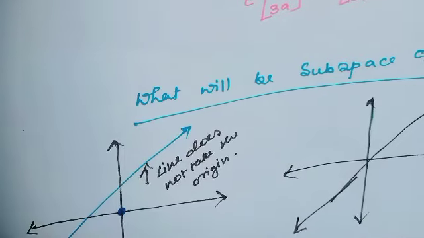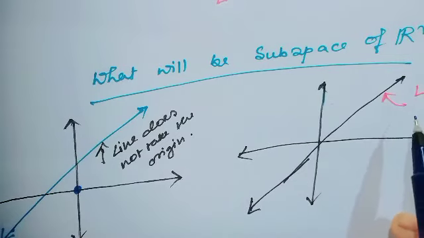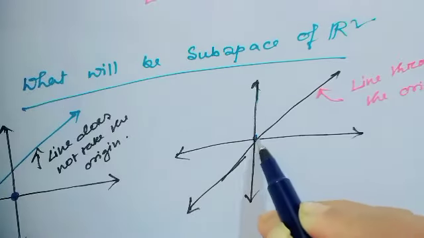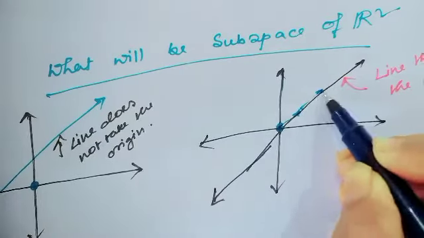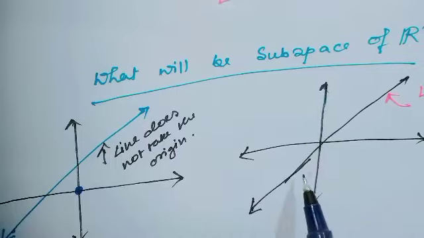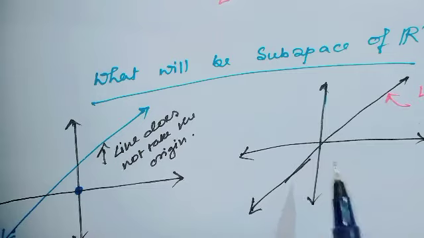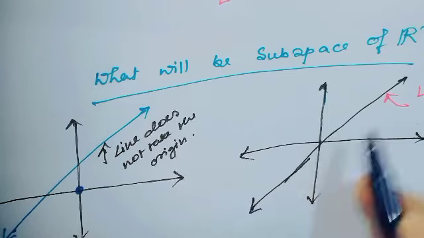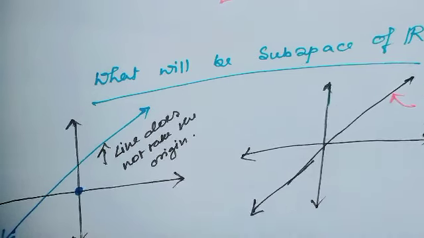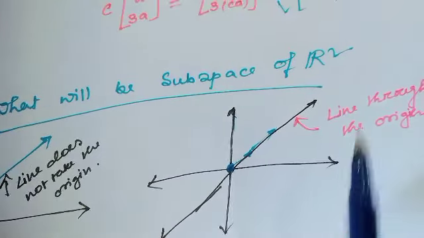But if we consider a line through the origin, this is obviously a subspace of R2. This line obviously contains the 0 vector, and if we take two vectors, their sum will still be on this line. Also, if we multiply by a scalar, the result will still be on this line. Okay? So a line through the origin is always a subspace of R2.